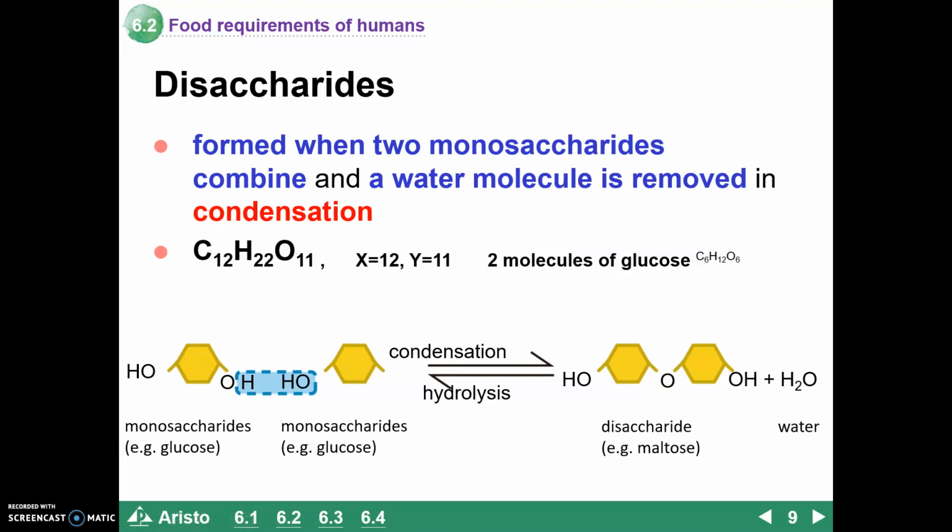The number of atoms is correct when you look at this: two molecules of glucose, 2 C6H12O6, but with one molecule of water removed, it becomes C12H22, not 24, H22 and O11, not 12. If you carefully calculate, the number of atoms is correct. After the condensation reaction, one molecule of water is removed, so it is C12H22O11. This is a disaccharide.